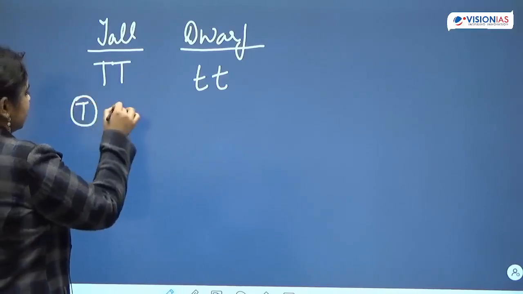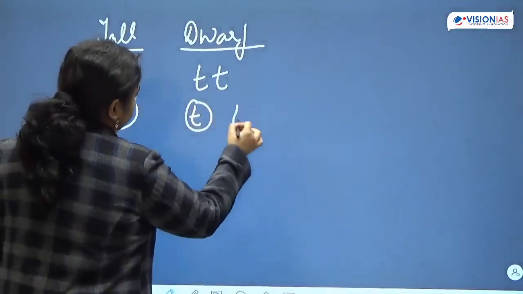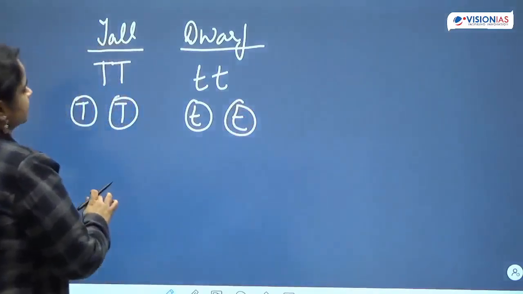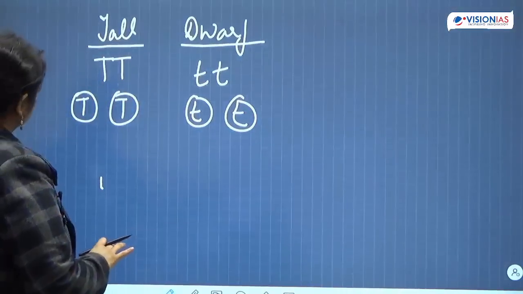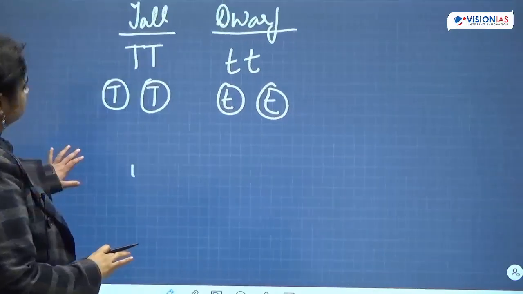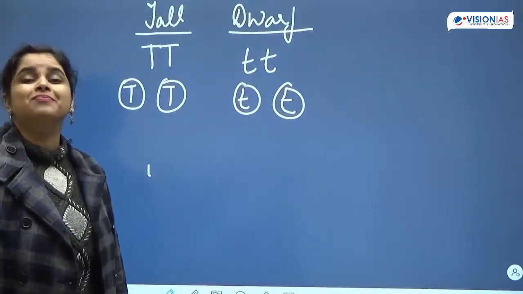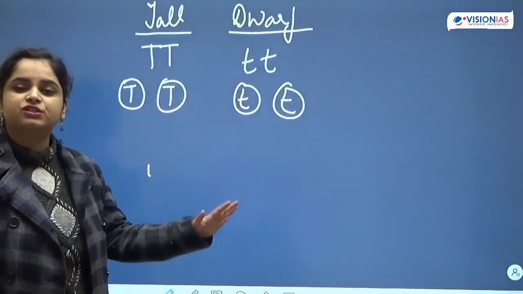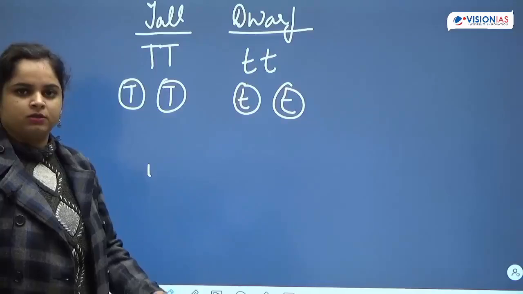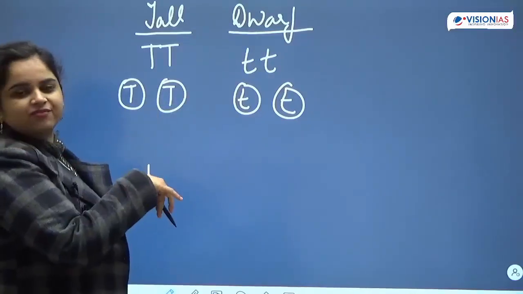So, we can break this pairing. Now, he checked for different probabilities. What are all the different possible options which can take place? In that, we are going to check every option with every other option.